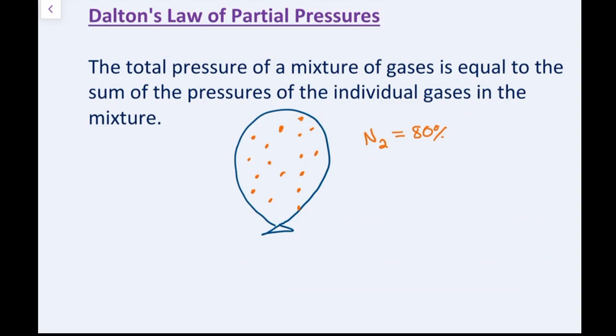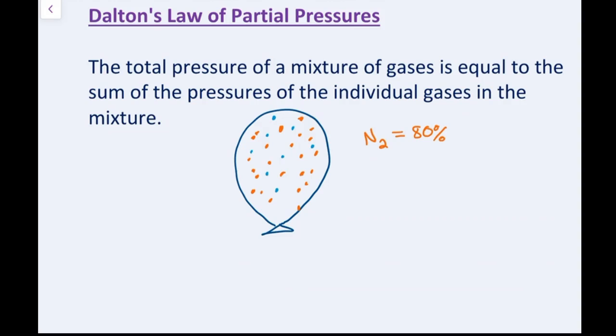And let's say I've got some oxygen in there too, so it's a mixture. And so I should probably put in a little more nitrogen because we want that oxygen to only be about 20%, right?